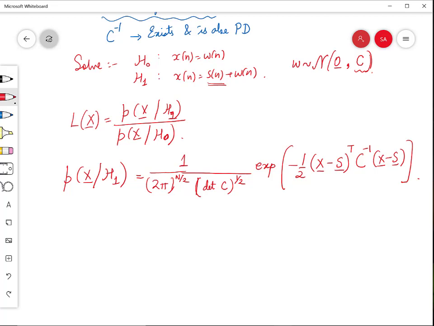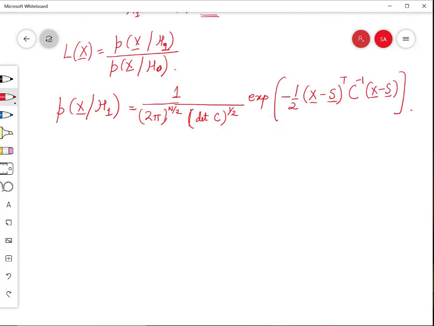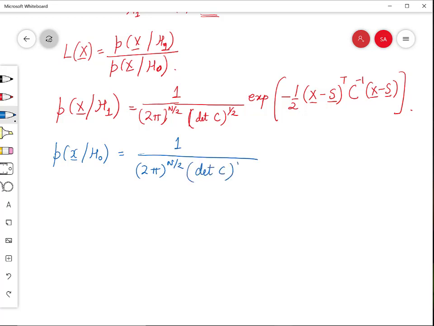So this is the likelihood function for x when the Gaussian is colored. In a similar fashion, we can write the likelihood of x given hypothesis 0 is correct, which is 2 pi power N by 2, determinant of C power half, exponential of minus half x transpose C inverse x, since in this case s is 0.